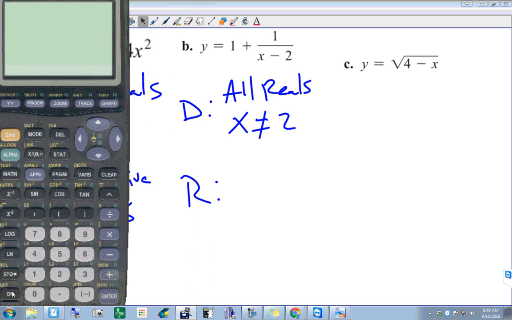So turn that one on. Y is equal to, clear that out of there. And I were to go 1 plus, and then 1 divided by parentheses x minus 2, close it, and I tell it to graph it. Okay?